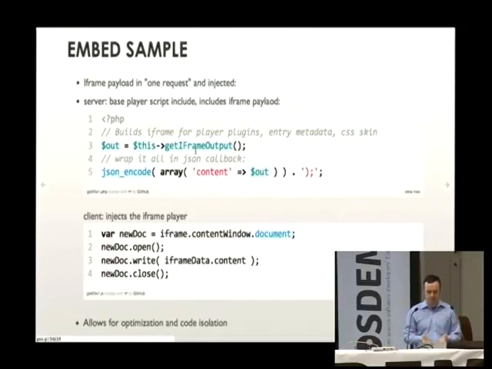All that package can be injected into the page, and we make it all part of that initial script include, so we get really nice performance that way as well, because we don't have to do another request for the iframe. That initial request has both the embed logic as well as your API, as well as the iframe payload, all with that first JavaScript include. And that really gives you a nice combination of optimization and code isolation.